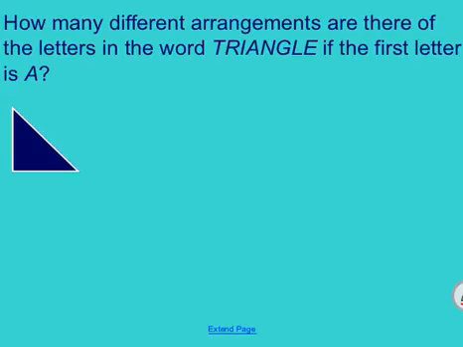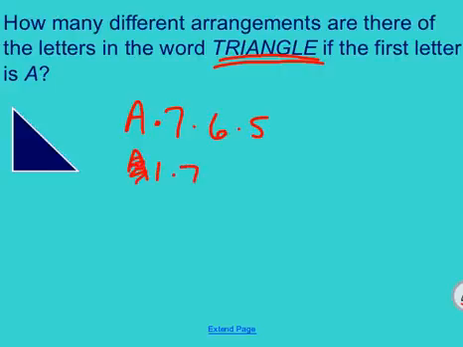How many different arrangements are there of the letters in the word triangle, if the first letter is A? So, if my first letter is A, it has to be A. What can my second letter be? Well, if I only have 8 letters, I already used A. That means there's 7 left. Then there's 6 left. And then there's 5 left. So the answer to this actually becomes A, which is 1 way, times 7 factorial.